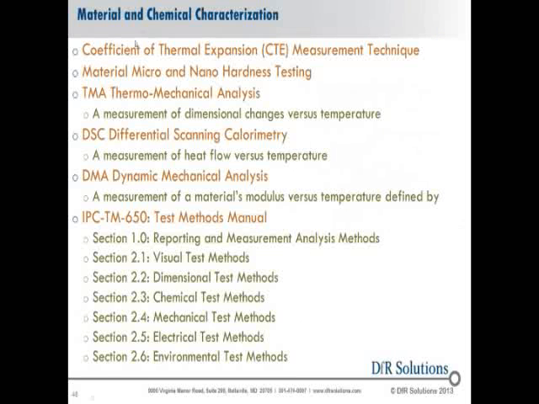So let's see here. Oh, we're getting close to the wrap-up here. Now I'm not going to go into great detail on this, but then we have a whole slew of material and chemical characterization tests we can do, from measuring the coefficient of thermal expansion of the different materials in our devices, micro or nano hardness testing to see if they were properly fabricated and are thick enough and hard enough to stand up to our loads, various types of thermal testing, thermomechanical analysis, differential scanning calorimetry, dynamic mechanical analysis, and there's actually the IPC Test Method Handbook 650 has a number of sections.